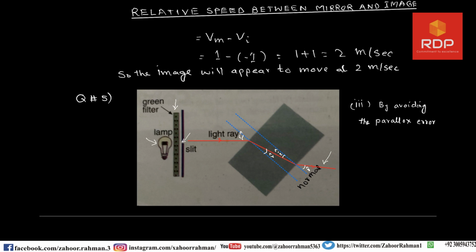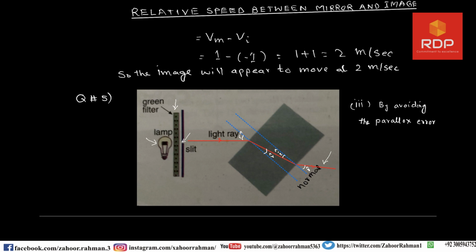That was the first part. The second part is saying on your diagram, label the angles which should be measured in order to determine the refractive index of the glass block.